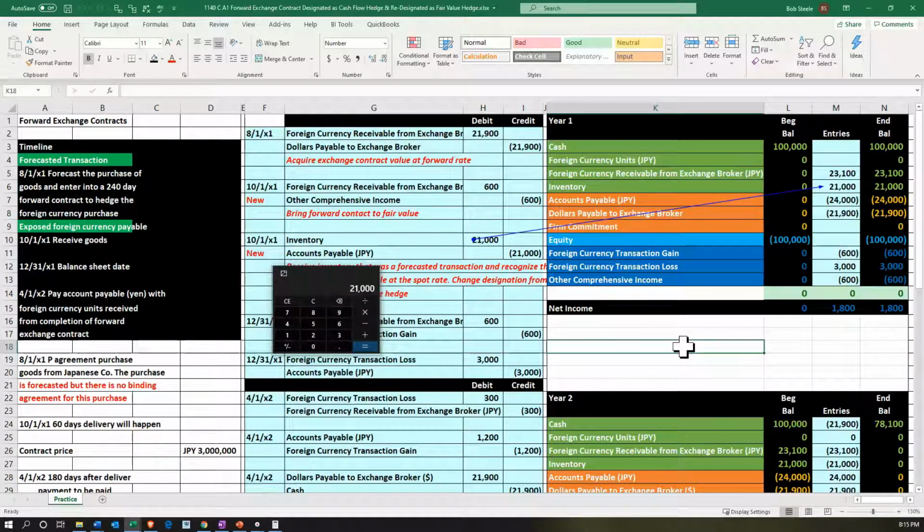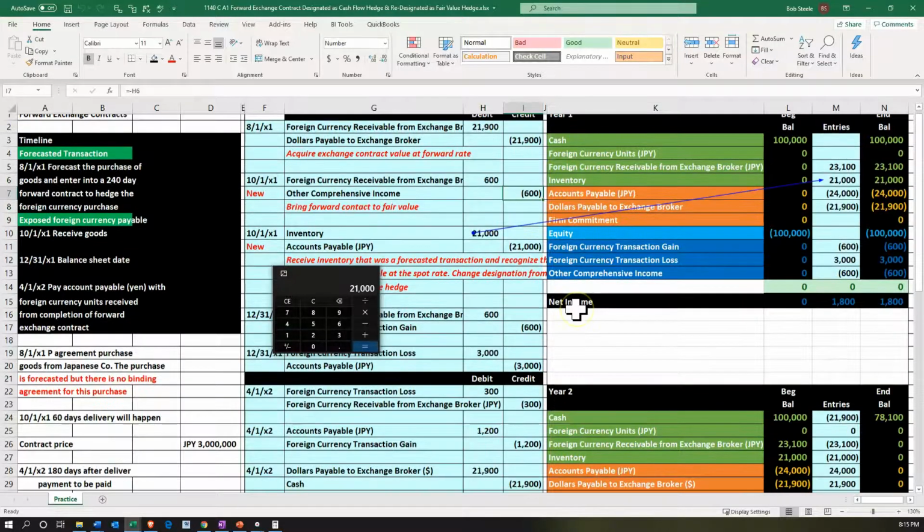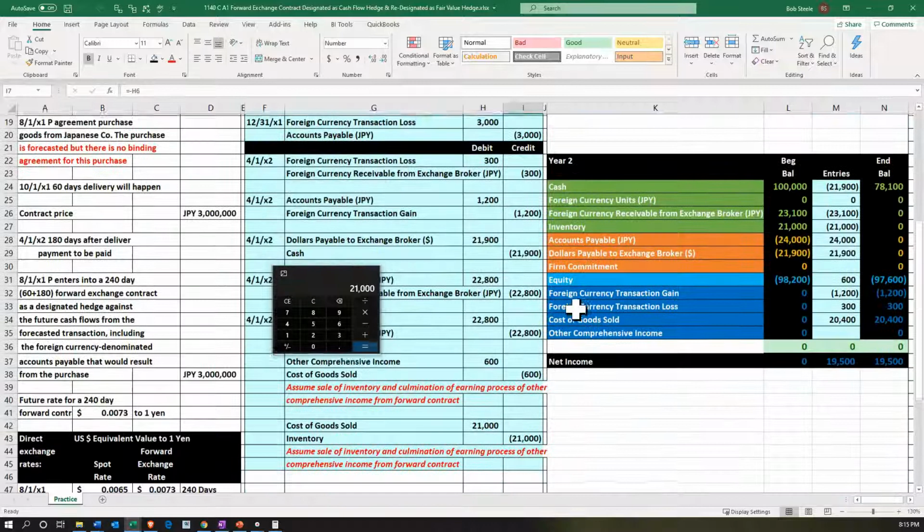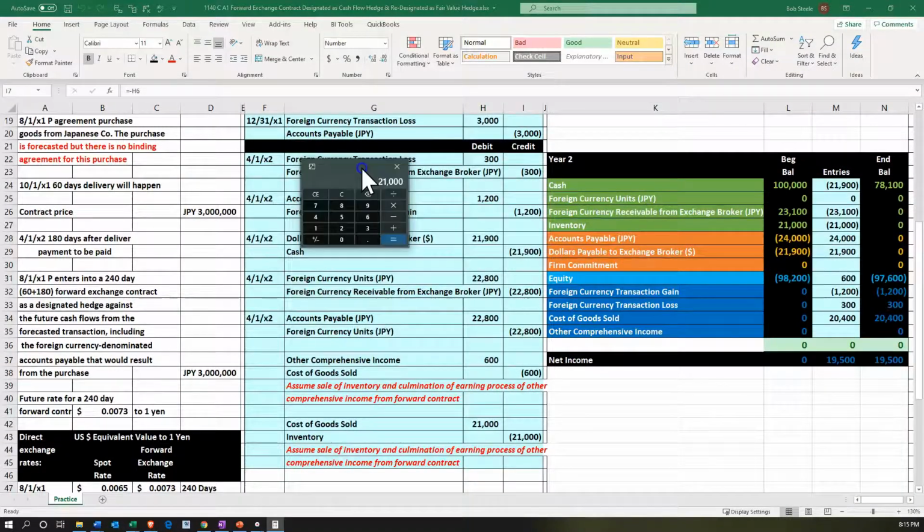However, we did record this other comprehensive income because of the forward contract before we got the inventory. And now when we sell the inventory, we're going to take the inventory off the books. So we took the inventory off the books down below, as we would in the normal sales process, recording cost of goods sold on the other side.